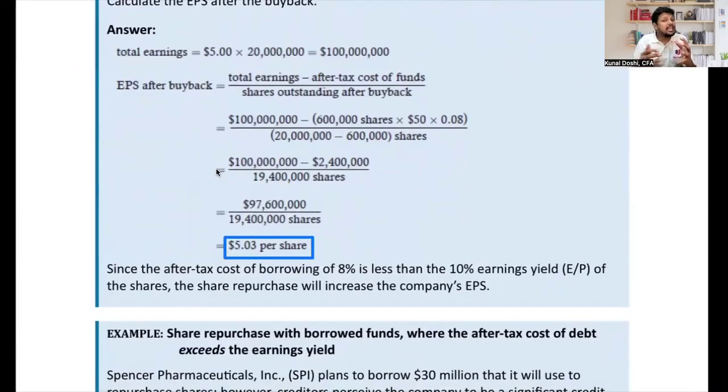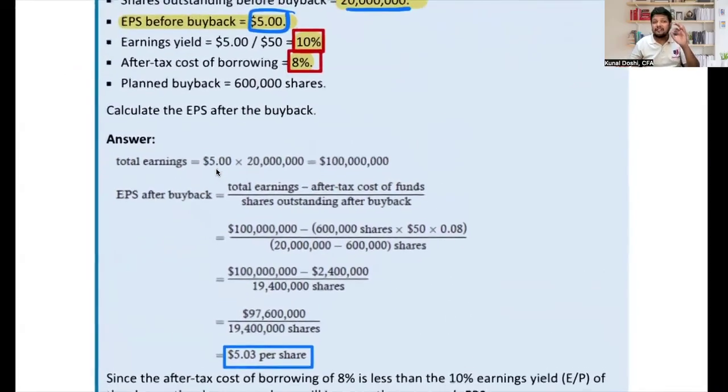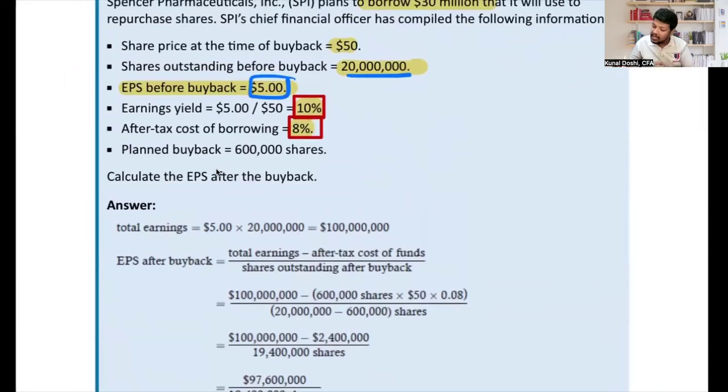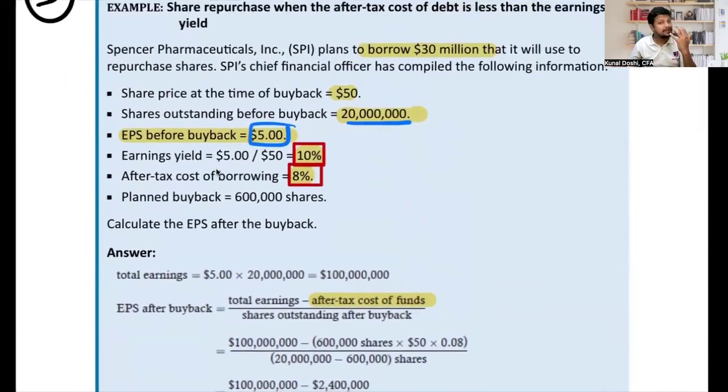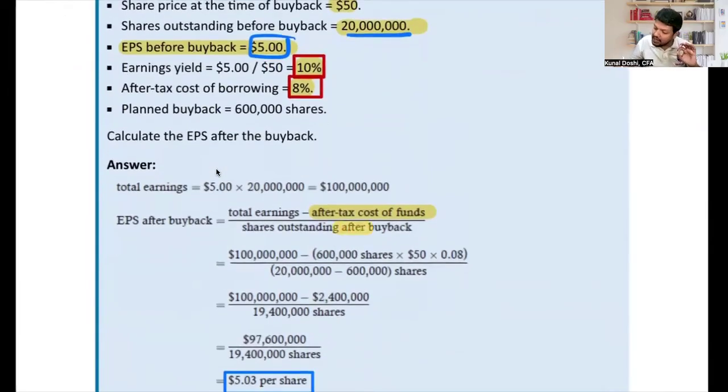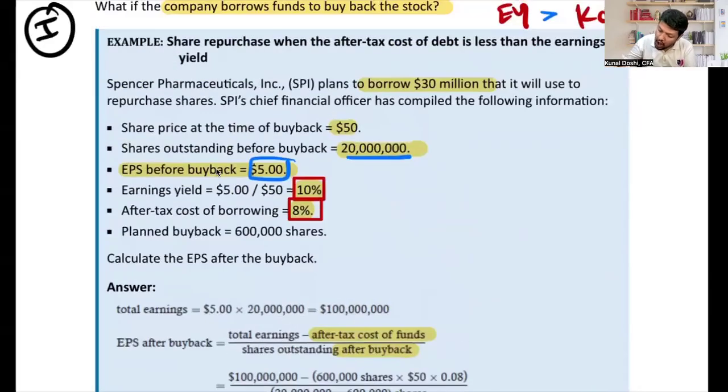We've already calculated the EPS formula after buyback: from your total earnings, you subtract the after-tax cost of debt, and in the denominator you adjust the shares after buyback. So on 30 million, I will pay 8 percent. This will be adjusted in the numerator.